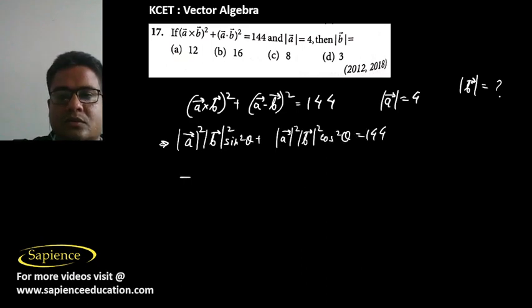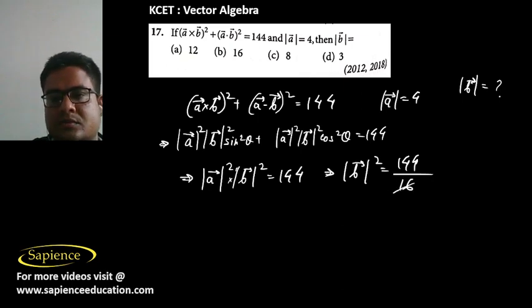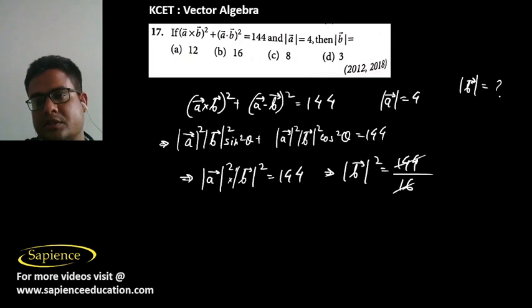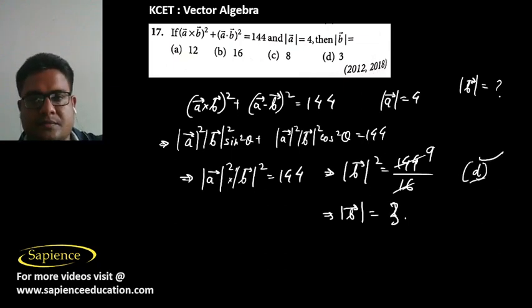Adding, magnitude of A square into magnitude of B square is equal to 144. Magnitude of A is 4, so magnitude of B whole square is 144 by 4 square, that is 9. 3 nines are 27, so magnitude of B is equal to 3. Option D is the correct answer.